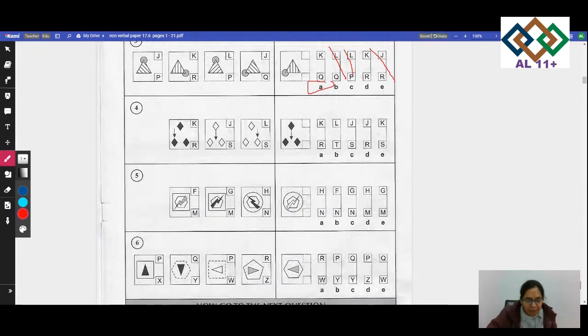So let's look at number 4 now. In number 4, what are we looking at? We are looking at the shape which is shaded in dark, and also you're looking at the arrows.